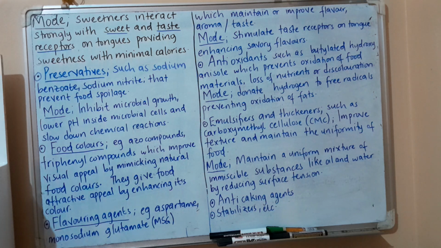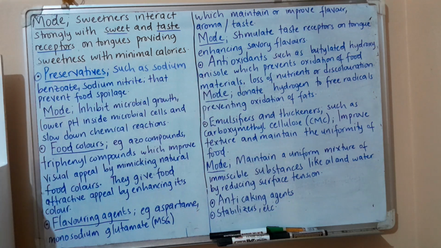So those are some of the major artificial food additives that you can find on the market. We started with sweeteners, which add sweetness to food without introducing extra calories. We also have preservatives that prevent food spoilage, food colors that give food attractive appeal, and flavoring agents that improve aroma and taste.